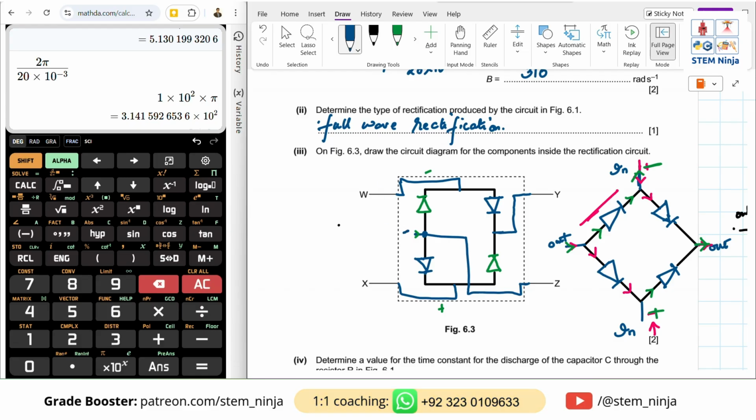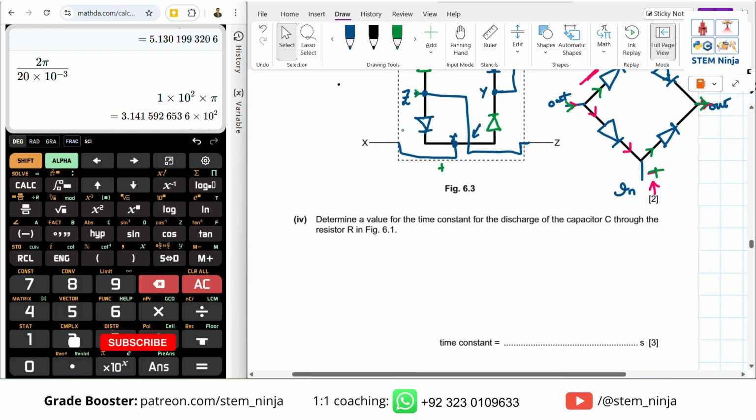So you can designate this as Z and Y. This is your W and this is our X. A good practice would be to make connection points so that you know that over here the wire is just passing over the stick wires. All right, okay, moving on.